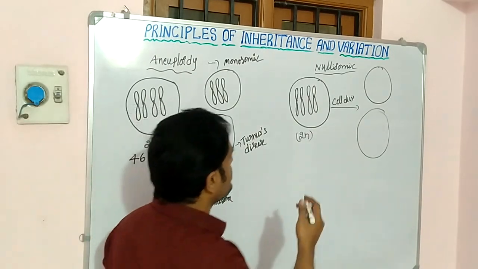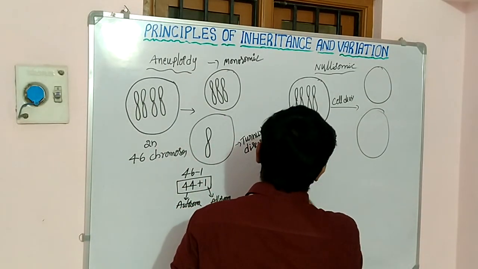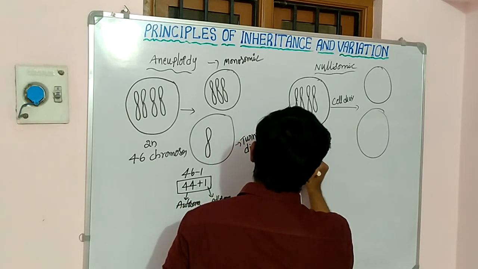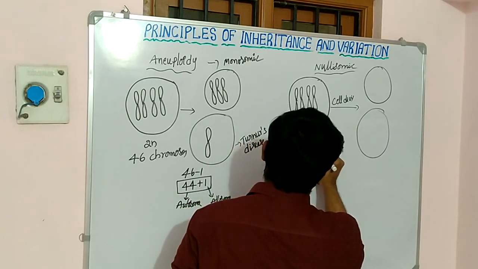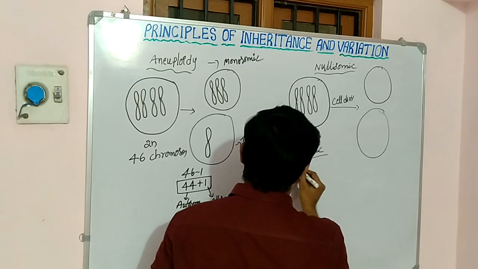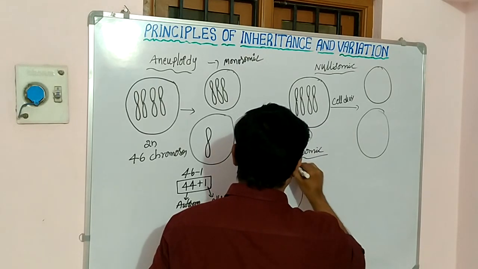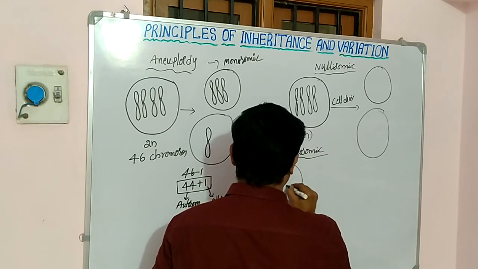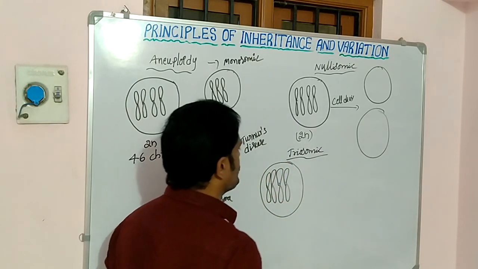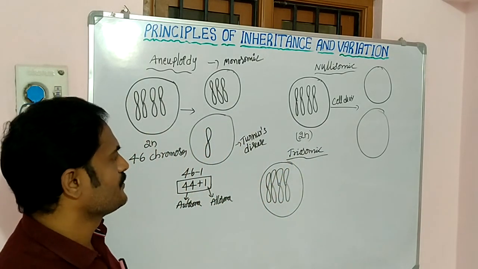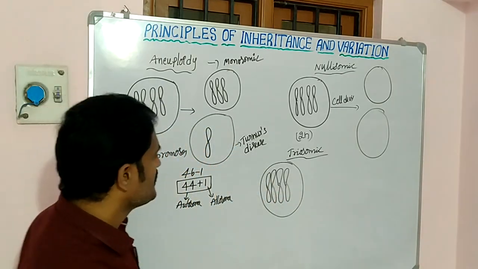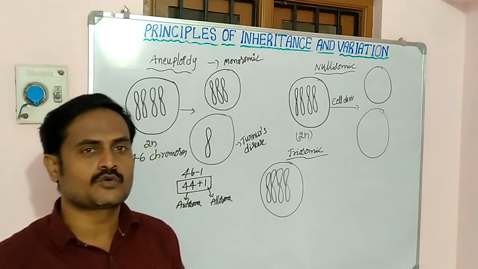Okay. Then coming to the third type, called trisomic. During the trisomic, this is the normal cell with the normal number of chromosomes. In nullisomic there is loss of two chromosomes, that is 46 minus 2. But in trisomic what will happen is addition of one chromosome.